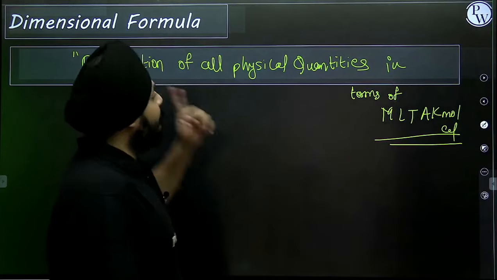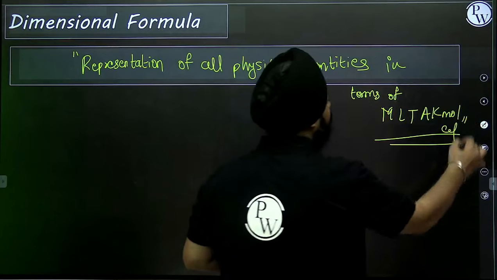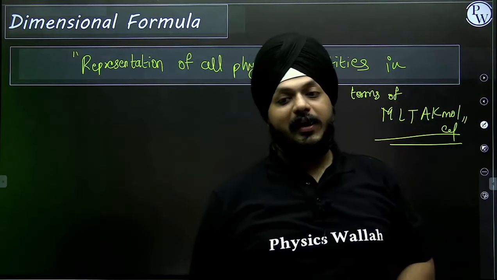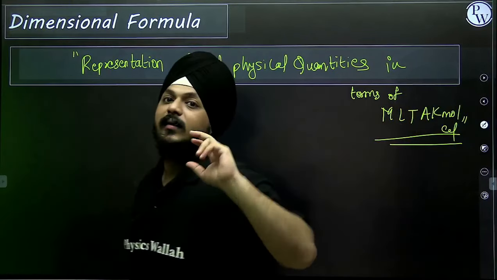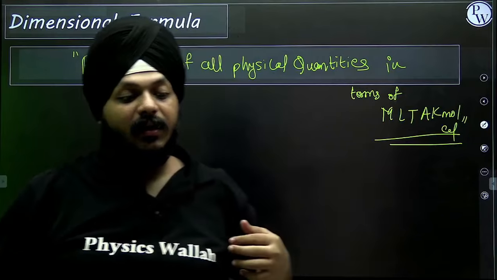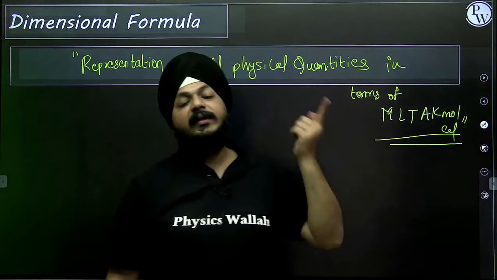That representation is a dimensional formula. The representation of all the derived quantities in terms of all of these basic notations, that is the dimensional formula.